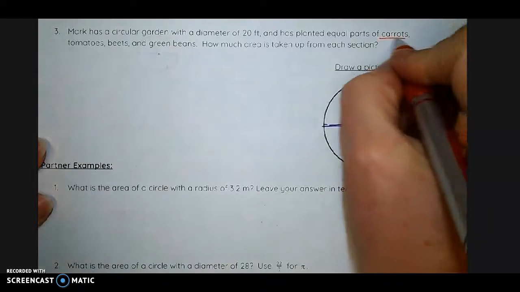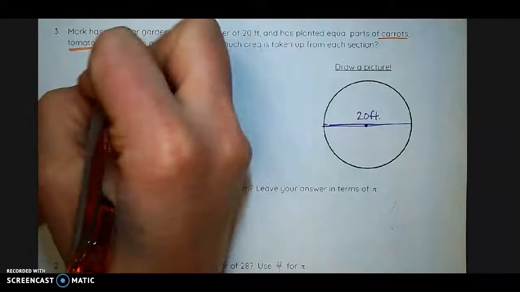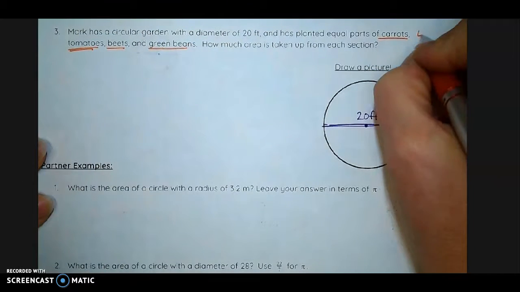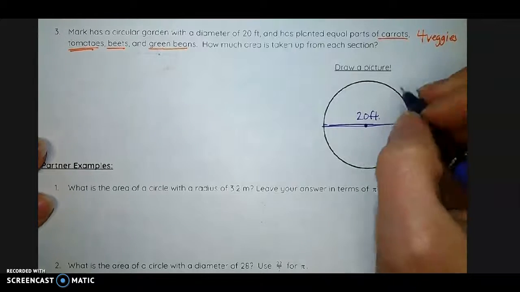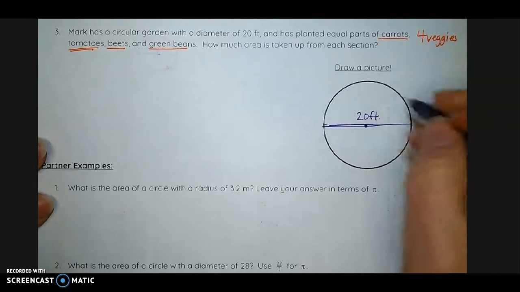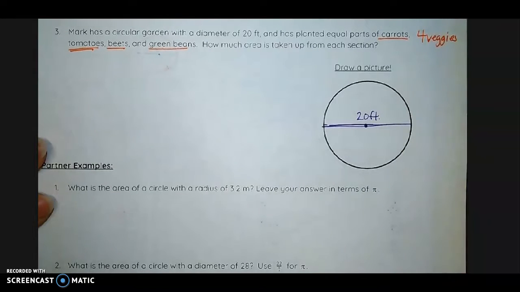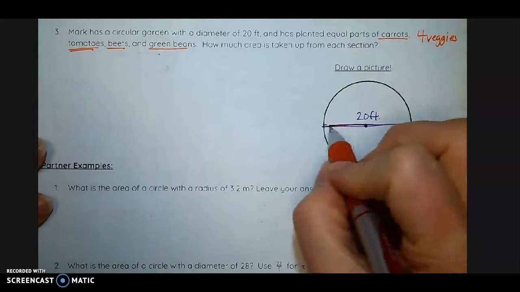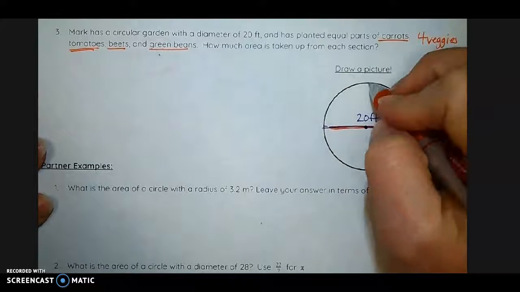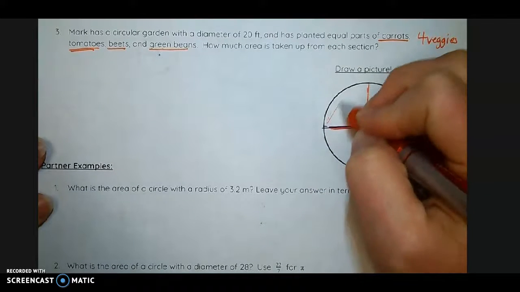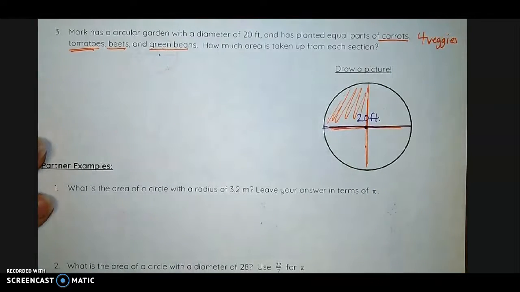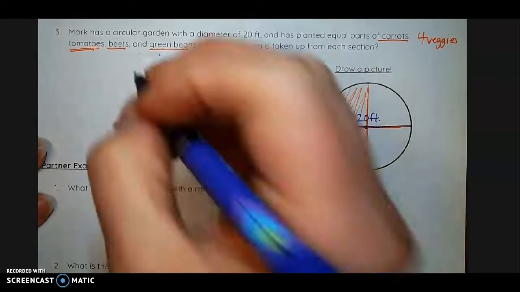So I have 4 vegetables total. And they want to split that and do the sections. So they're essentially taking this garden and they're going to split it into 4 pieces. And they want to know how big is just one of those squares. How much area is taken up by each section.